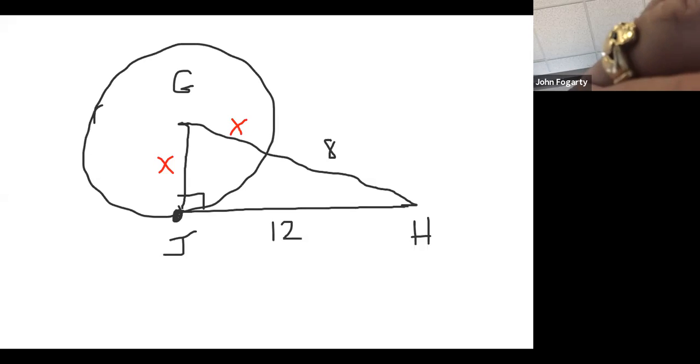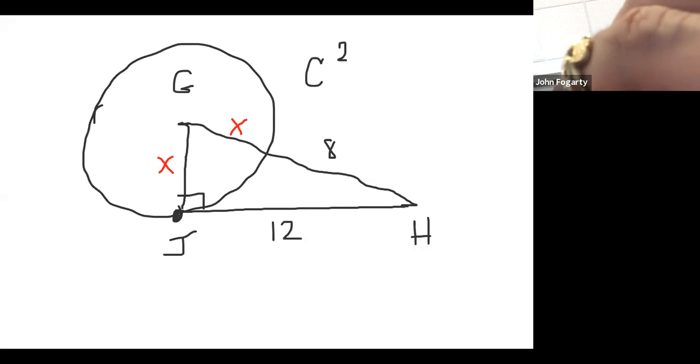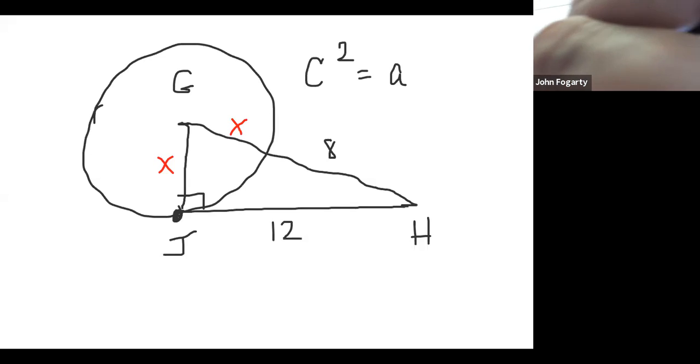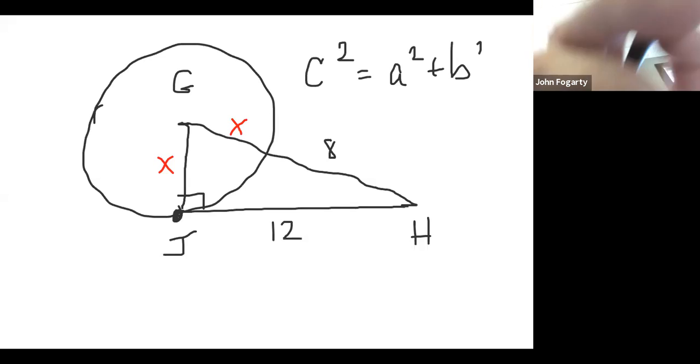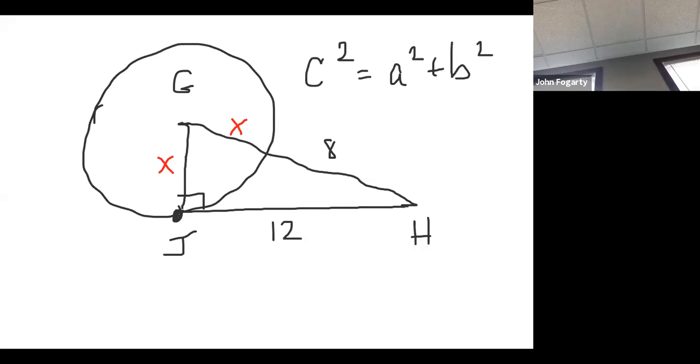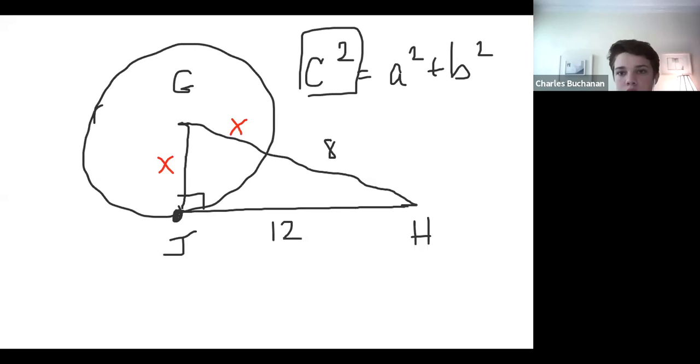Well, I know that c squared equals a squared plus b squared. Which side is this? Yeah, the hypotenuse. Which side is it? GH.